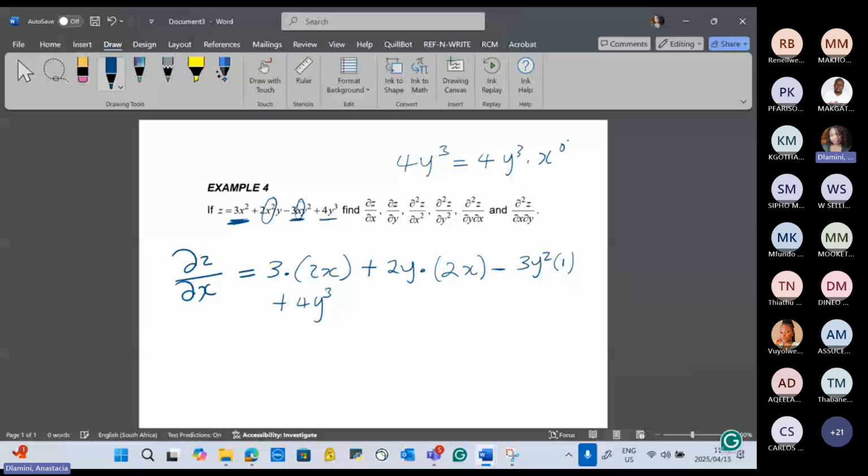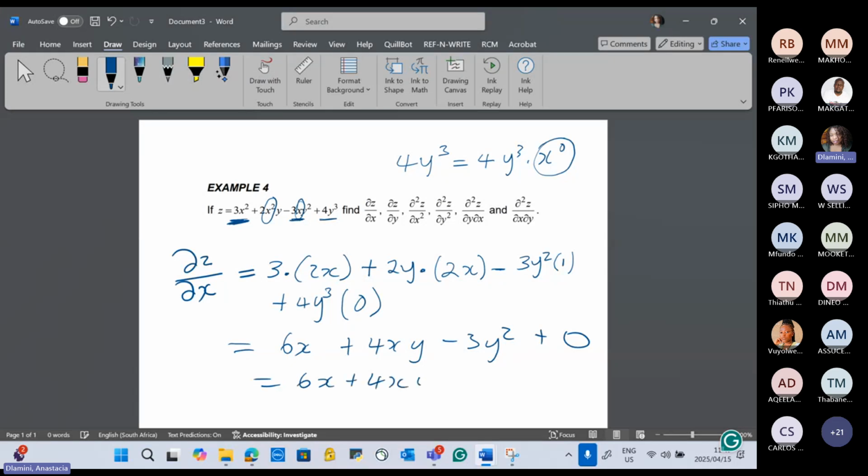What is x to the power of 0? 1. What is the derivative of 1? 0. Times 0. So then this becomes 6x plus 4xy minus 3y squared plus 0. This becomes 6x plus 4xy minus 3y squared.